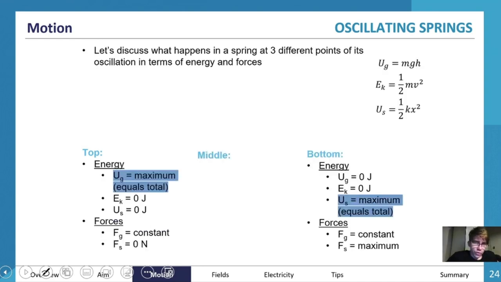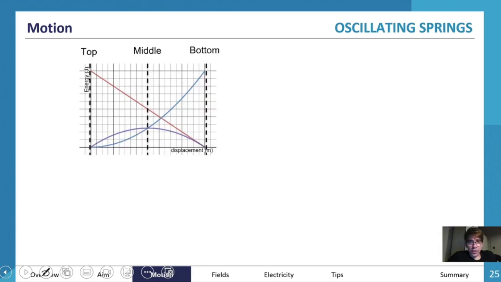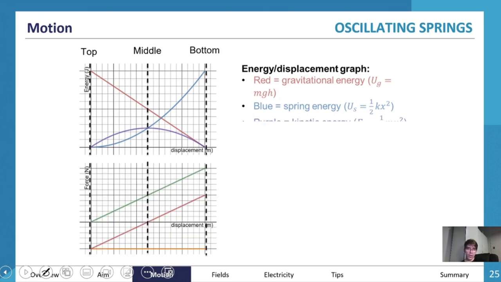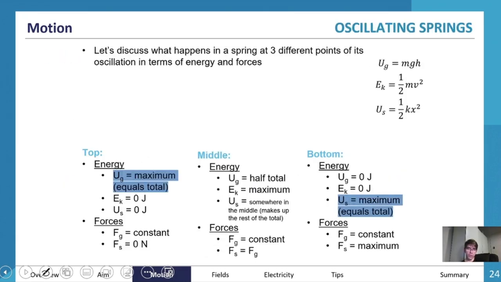And usually when you learn about these three types of energies, kinetic, gravitational, and elastic potential energy, VCAA prefers to ask you guys about oscillating springs. It doesn't have here an image of an oscillating spring, so I will draw that for you.